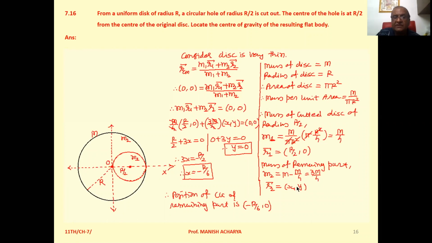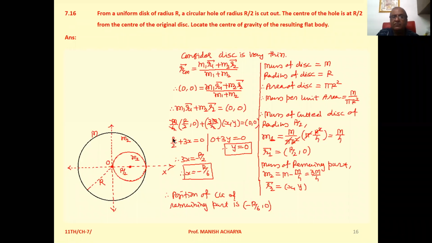And suppose the position of its center of mass is at x, y, that we want to find. Now substitute these values: m1, M by 4, r1, coordinates R by 2 and 0, plus m2, 3M by 4, r2, x, y, that is equal to 0, 0.